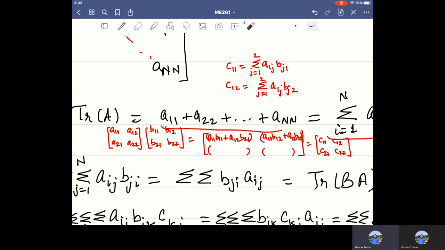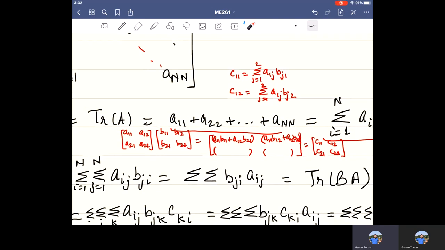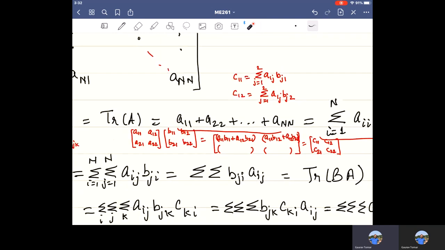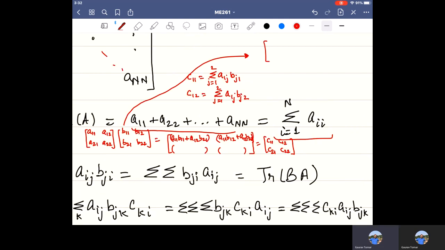Now clearly you can also think of how this multiplication was defined in the first place. The reason for this way of multiplying two matrices comes from the mapping. Let's say A11, A12, A21, A22 is there, and then you have another mapping B11, B12, B21, B22.